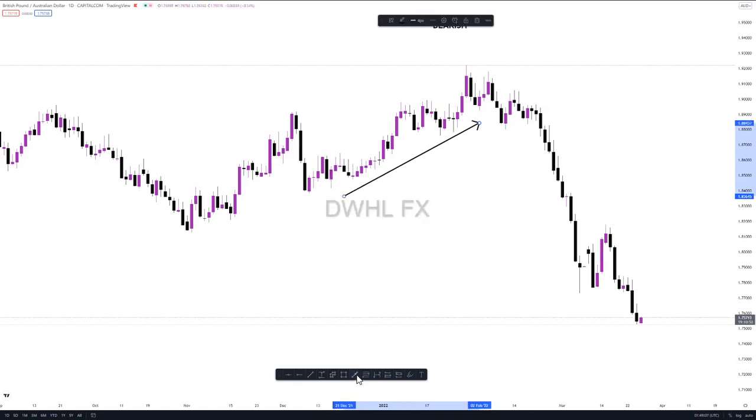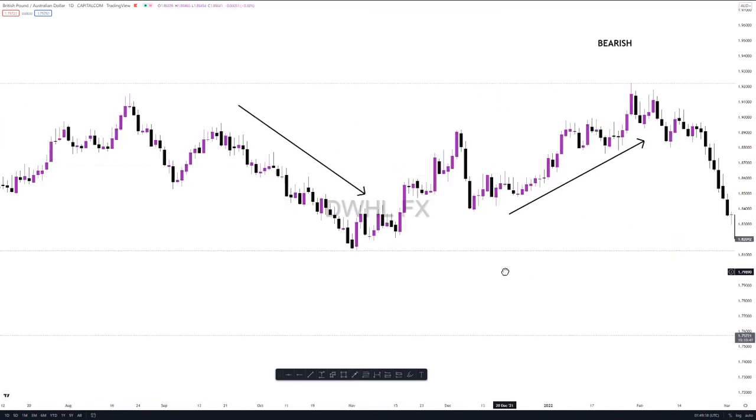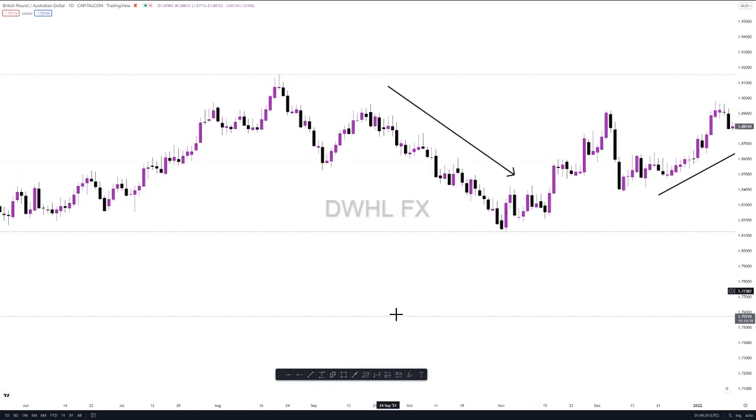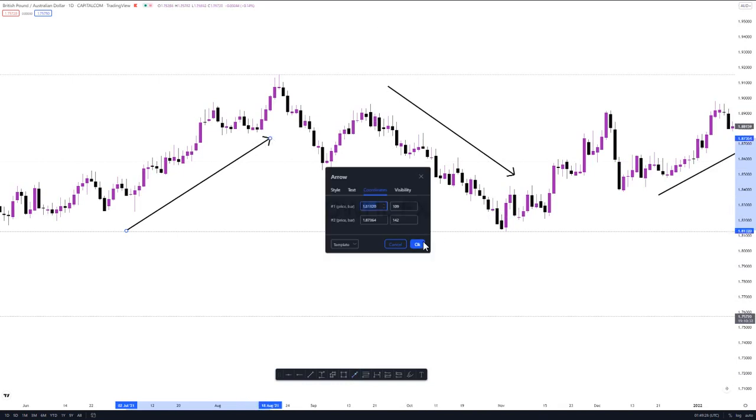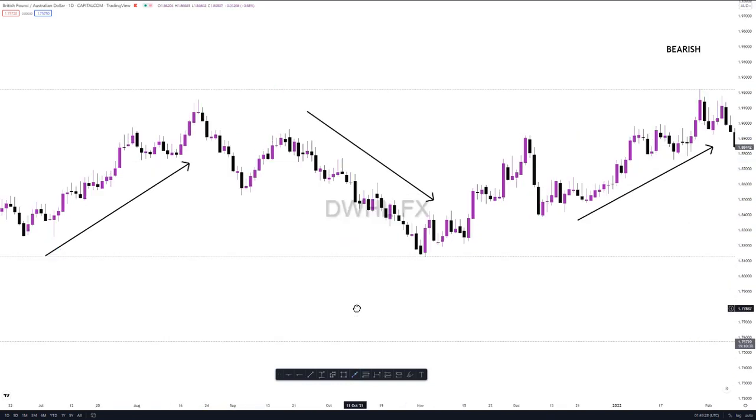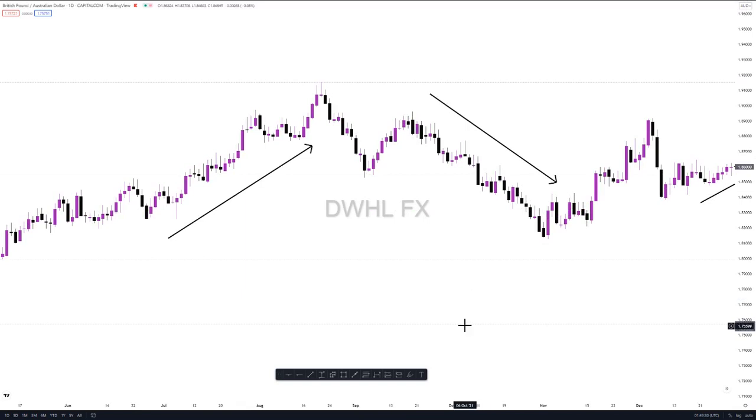This is basically a downtrend or a bearish movement. This is another uptrend. Very basic, but yet very powerful. So let's break it down in lows and in highs.